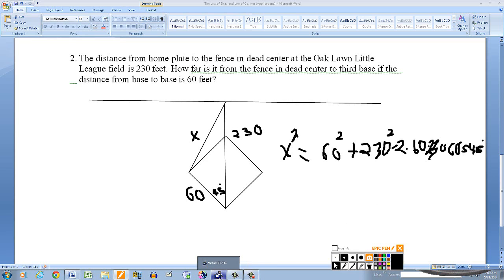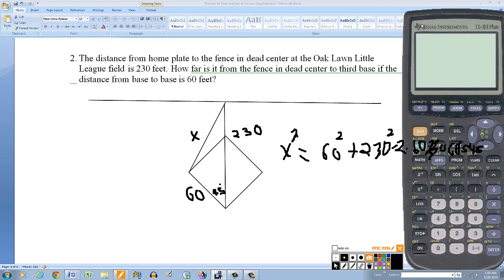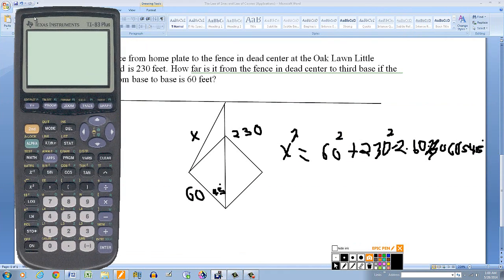Okay, this one I will use the calculator. Now let me put it over here. And remember, make sure your calculator is in degree mode.